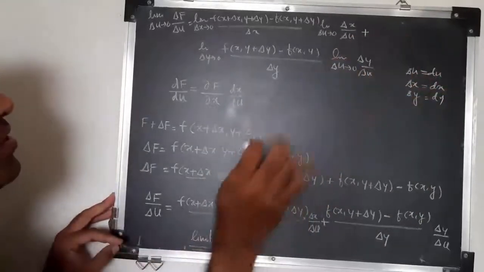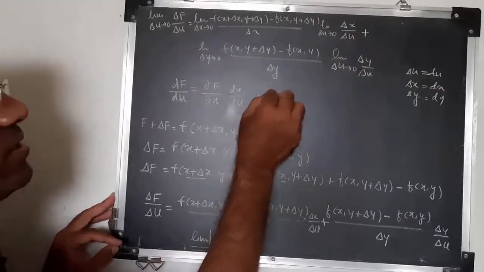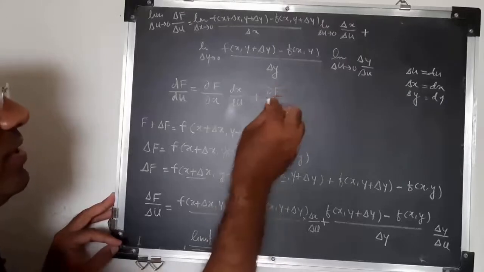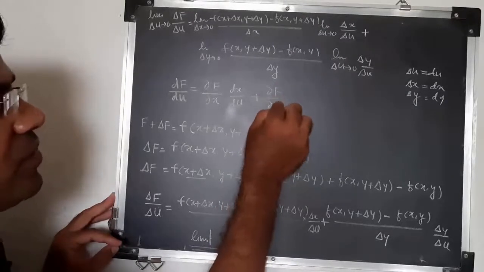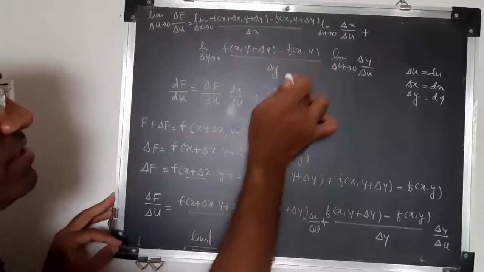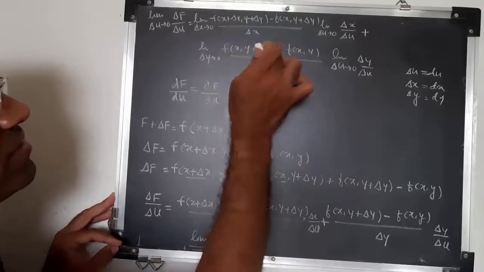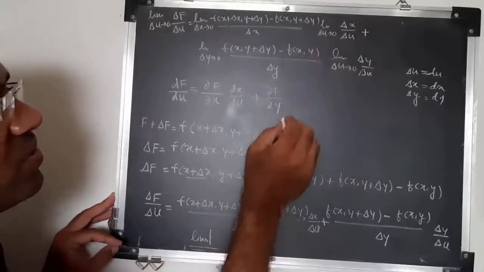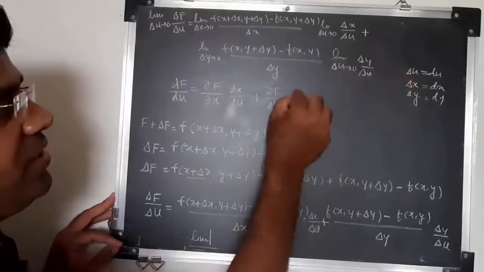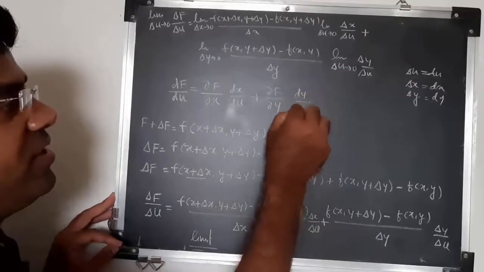Because this depends on a single variable, plus del f by del y, this is a function that changes, y changes, x is constant, into dy by du.